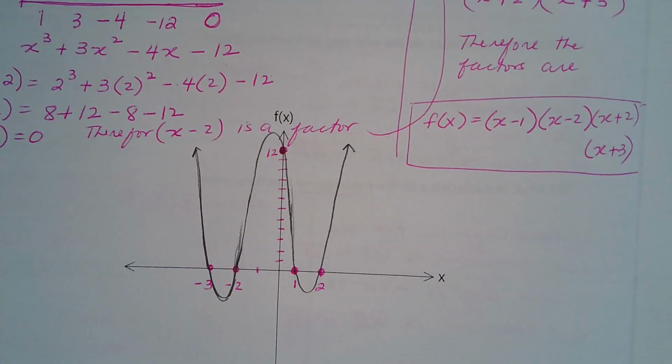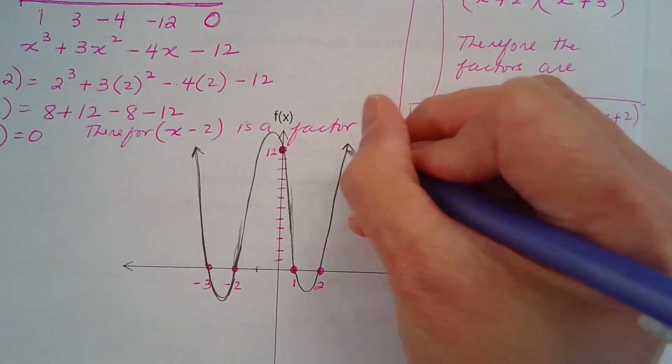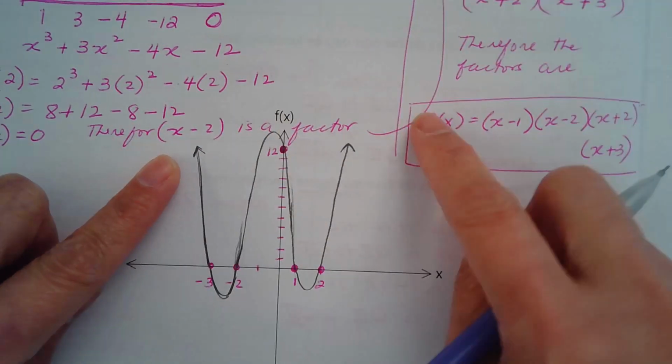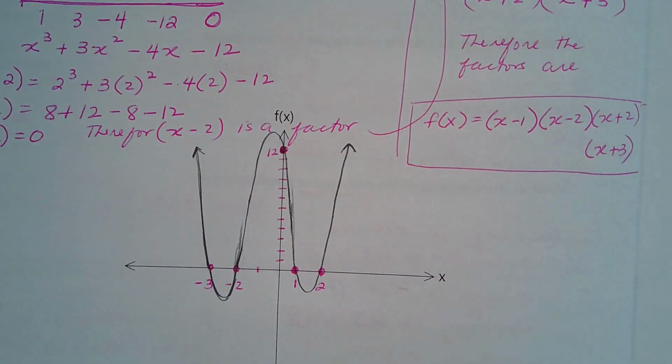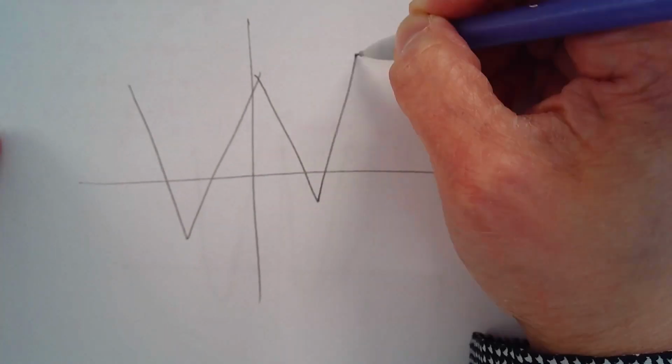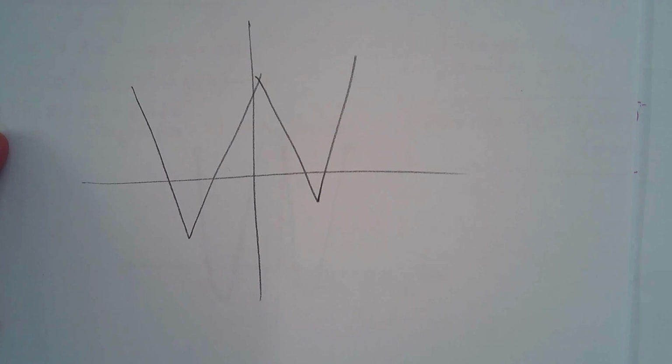Now, what are the key things that we're looking for? The key things that we're looking for here is that it is a smooth graph. It's not, I'm going to show it to you. This is not what it looks like. It's not going to look like this, it's not going to look like that, right?